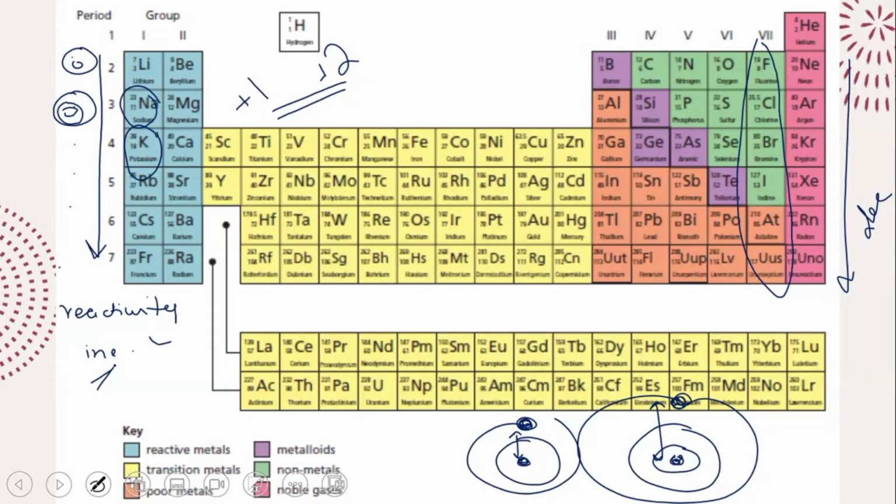The reason is that group 7 makes a negative ion. So they have to gain electrons. Now, for fluorine, the outermost shell is close to the nucleus, but for chlorine, the outermost shell is further away from the nucleus.